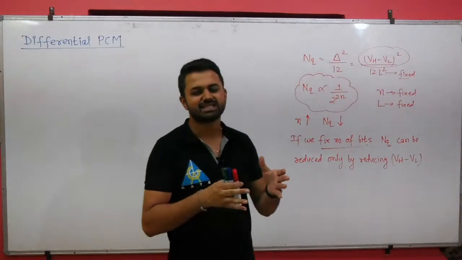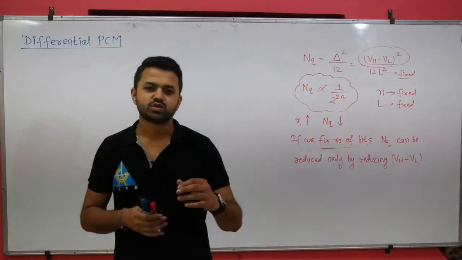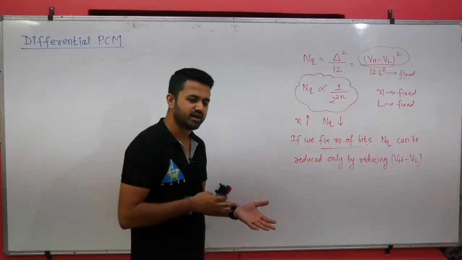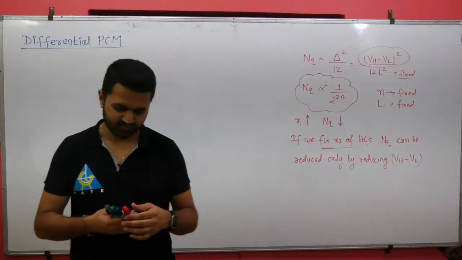Our speech signal has a maximum bandwidth of 3400 Hertz, and to sample it we use an 8 kilohertz sampling frequency.